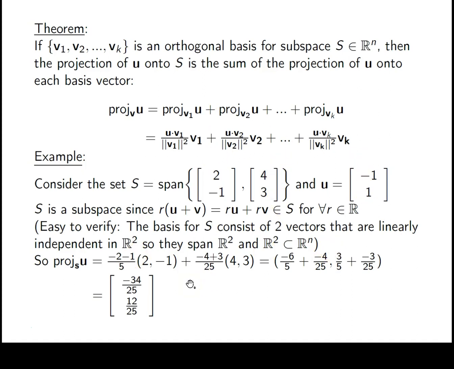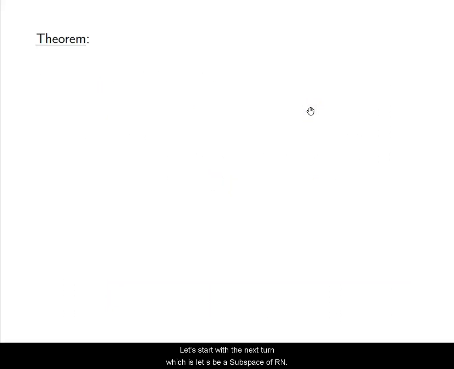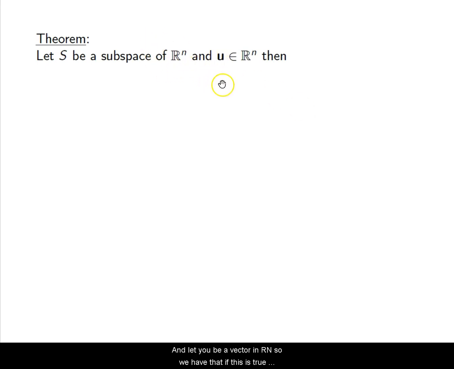Okay, so let's start with the next theorem, which is: let S be a subspace of Rn and let U be a vector in Rn. Then the projection of U onto S will be in S, because we're projecting U onto that space, right?